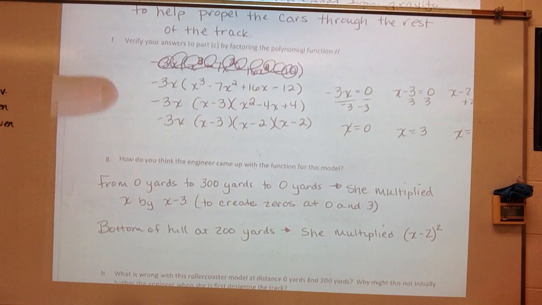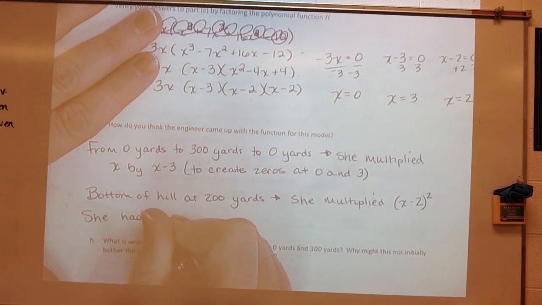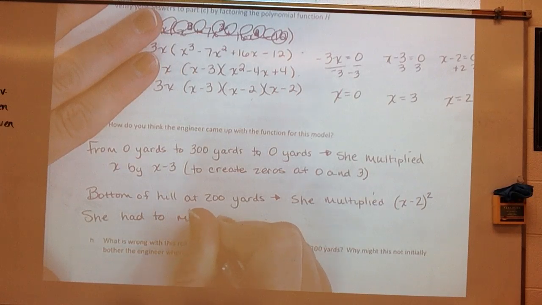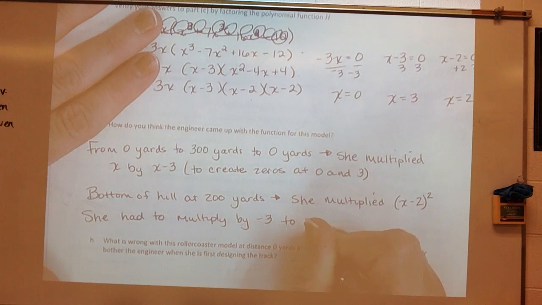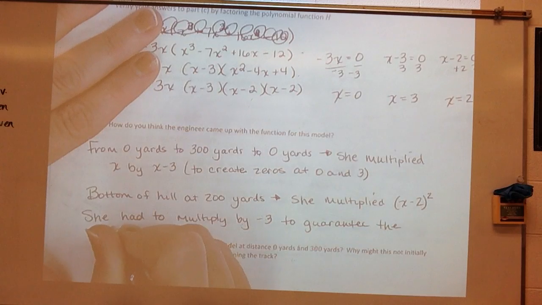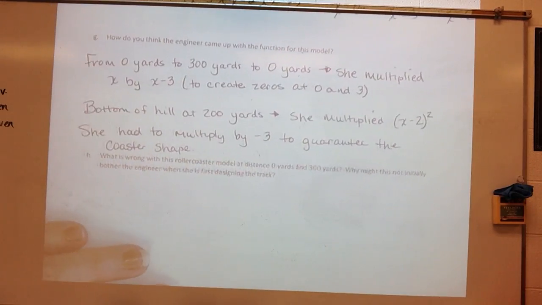Now, where did that negative 3 come from? She needed to multiply by negative 3 to guarantee the roller coaster's shape. All right? She needed that for the shape of the coaster.